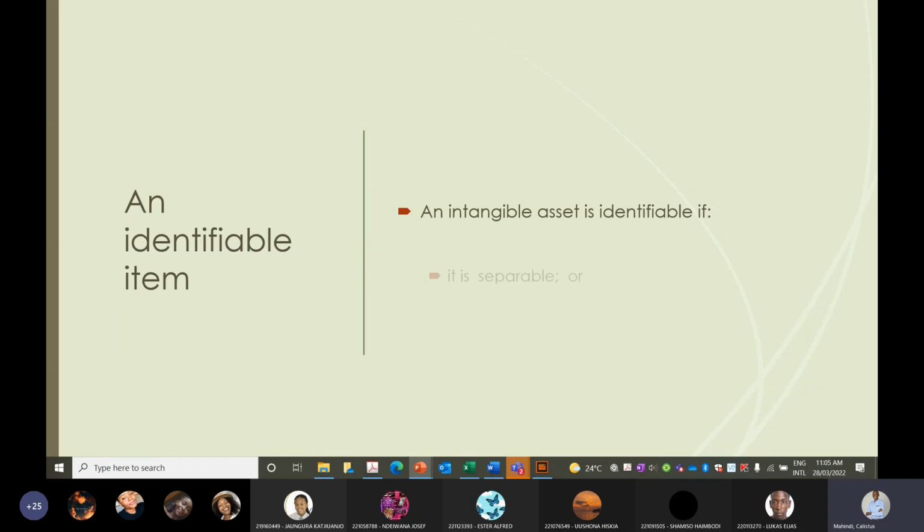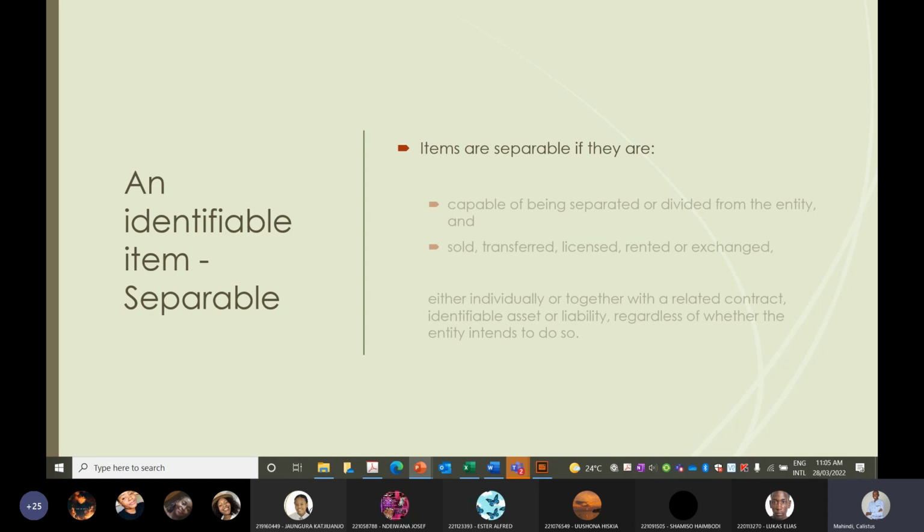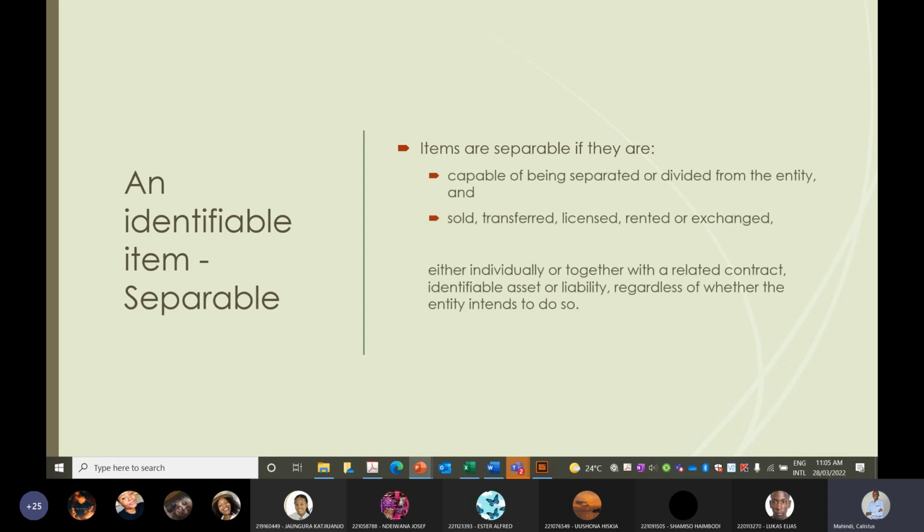An intangible asset is identifiable if it is separable or it arises from contractual or other legal rights. All right, so let us look at the first part, where it is separable.